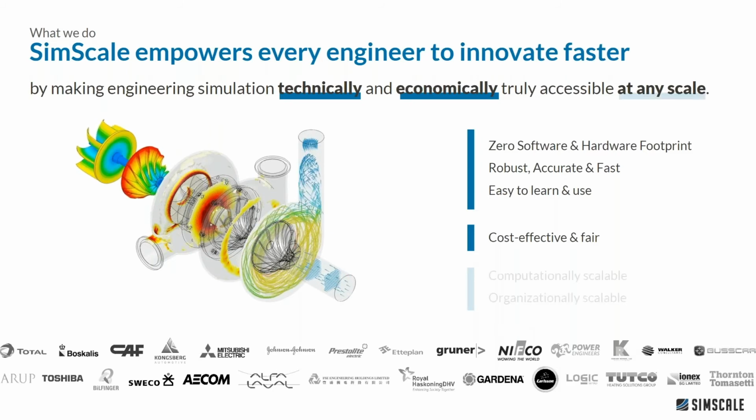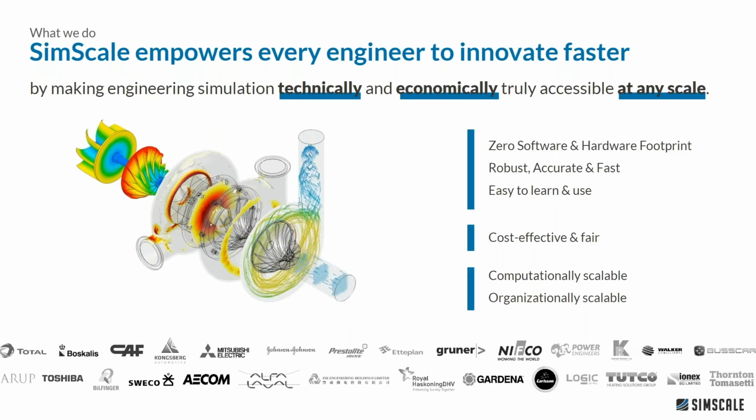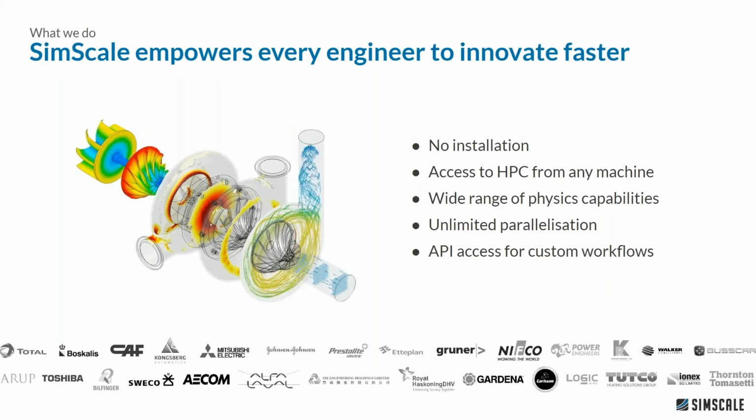So this way, our customers are able to leverage simulation early in the design process and throughout the product lifecycle, across projects, across teams in a very collaborative manner. So what are the specific features that set us apart from on-premise software?